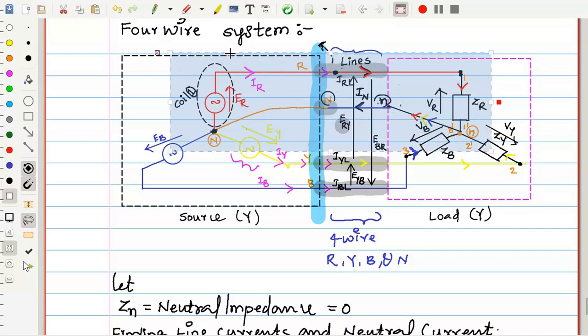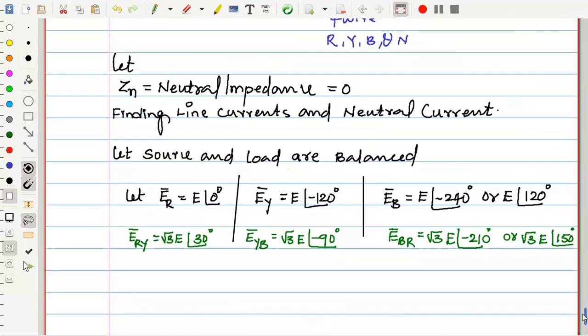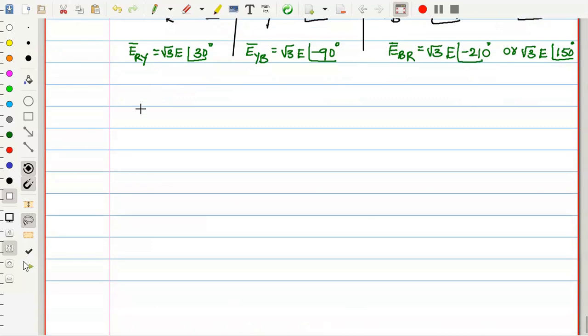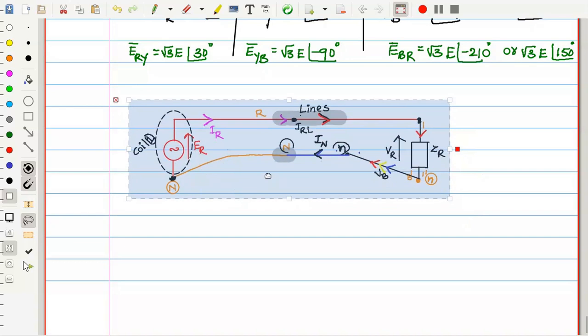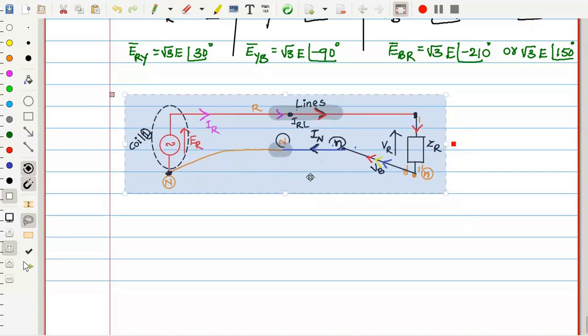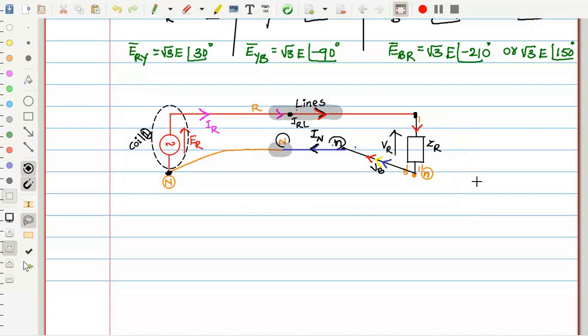Try to observe carefully. That I want to put up over here. It means I am considering part of the system. So for your understanding, part of the system is in this way. See here, part of the system.